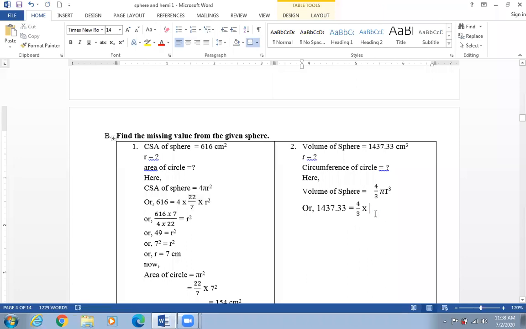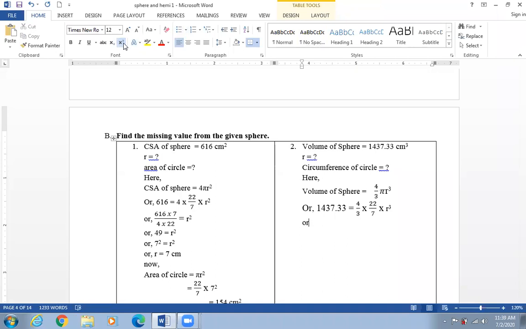So instead of r square there is r cube. So 4 by 3 pi means 22 by 7, radius r cube is r cube over here. So take out the value quickly.